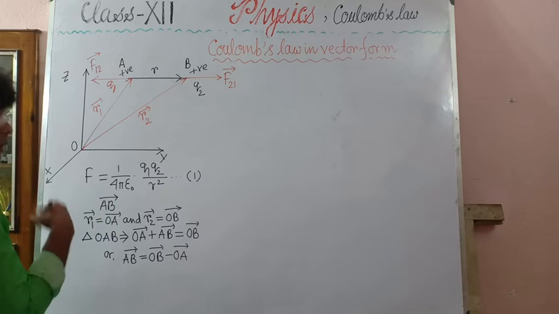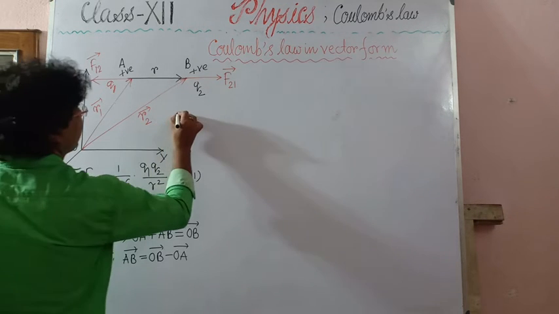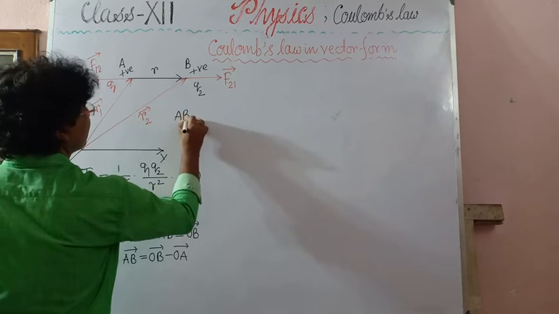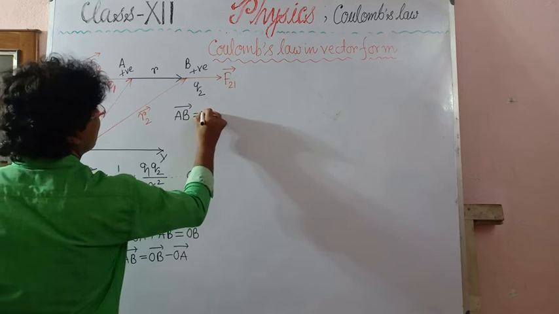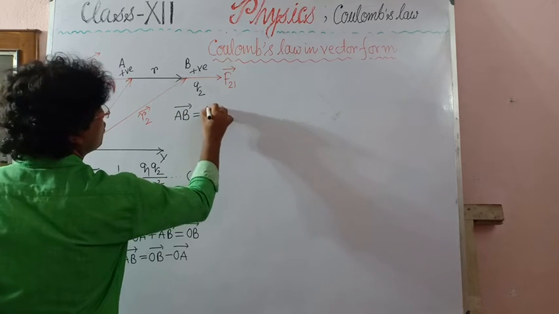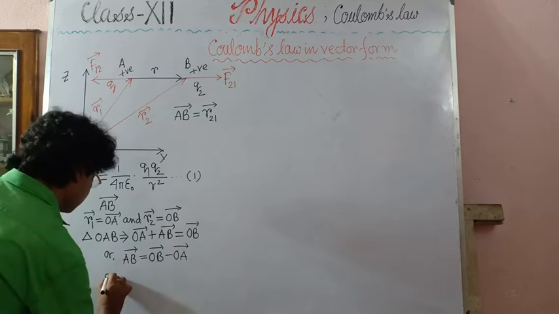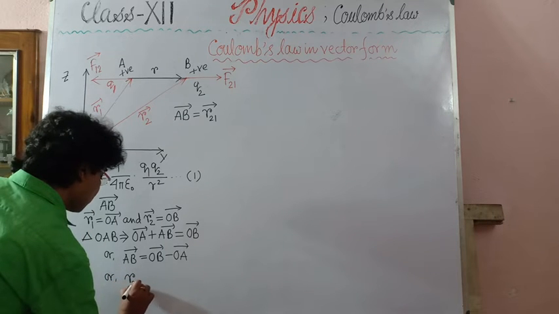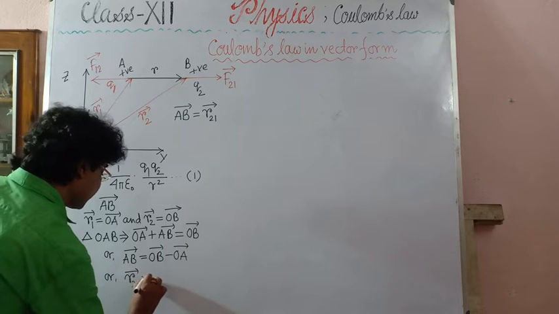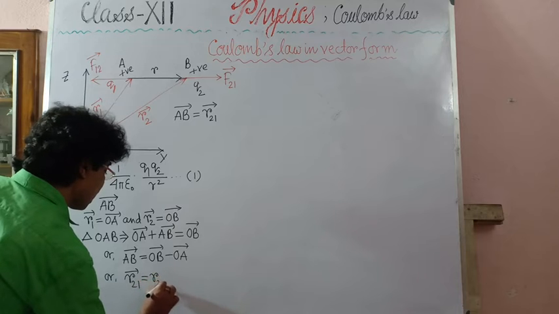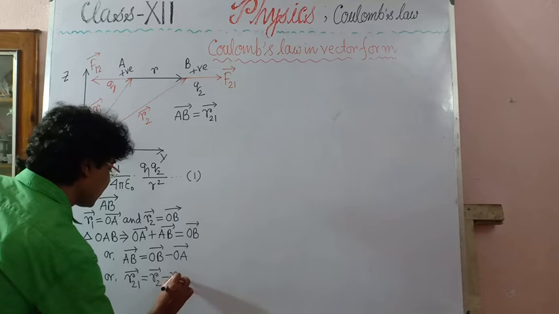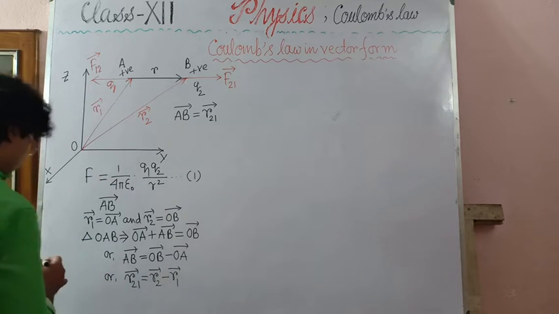If we denote AB vector as R21 vector, then we can write R21 vector equals R2 vector minus R1 vector.